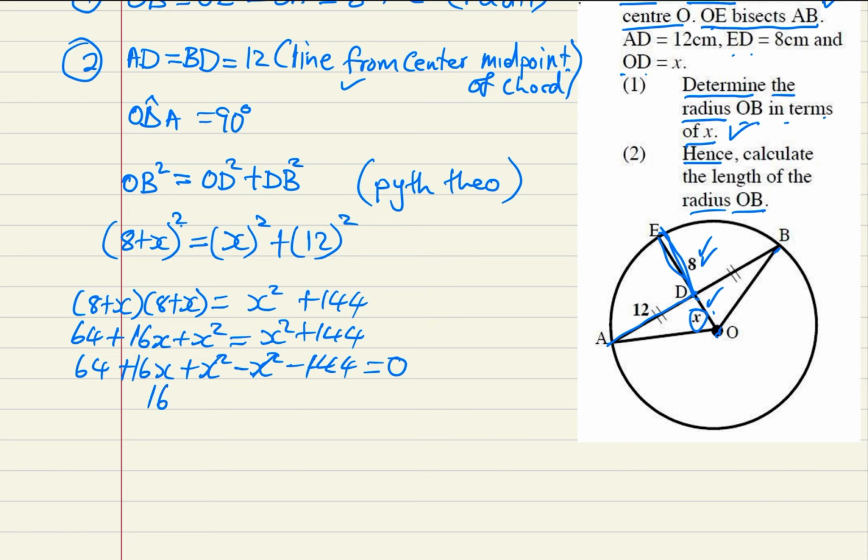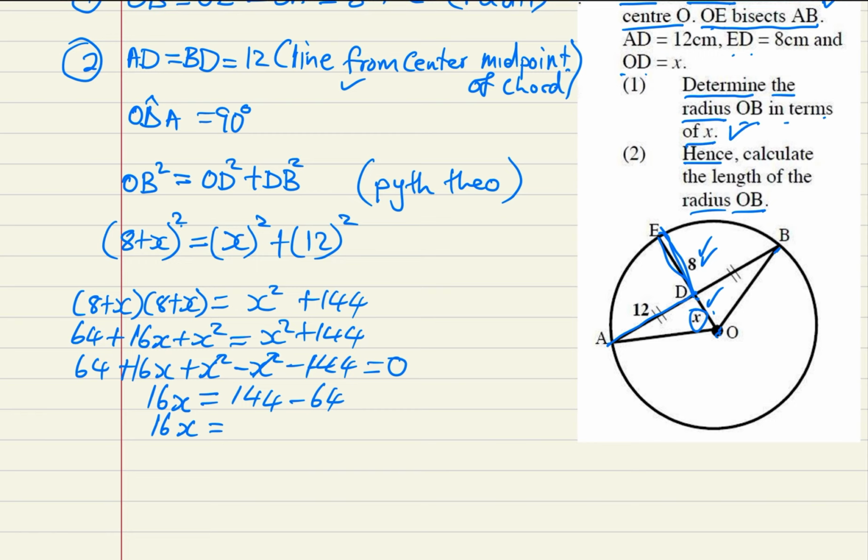We can see that this and this cancel out. I'm left with 16x. Then let's take the other thing back to that side: 144, then we minus 64. So here I have 16x equals 144 subtract 64.